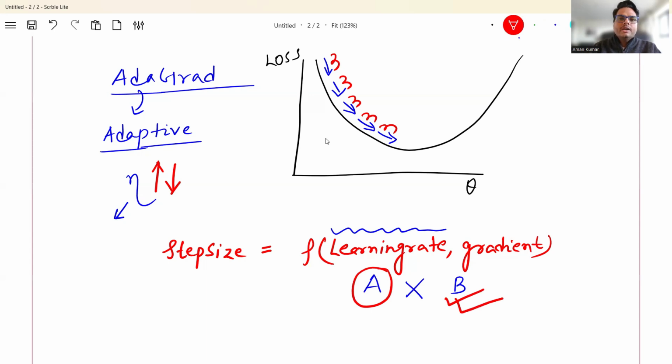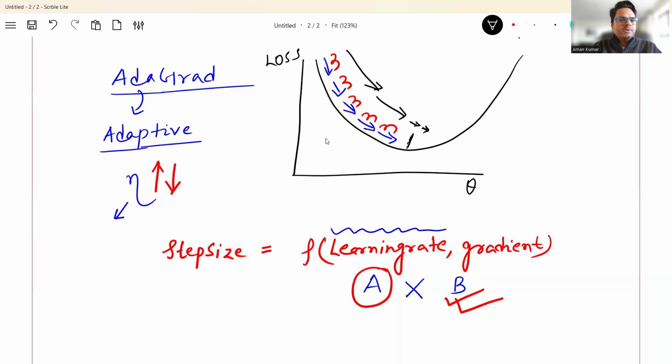I don't want this to happen. I will tell you what is the problem here. Ideally, I want my system to move faster when it is here, move faster when it is here, and become slow when it is reaching the minima.